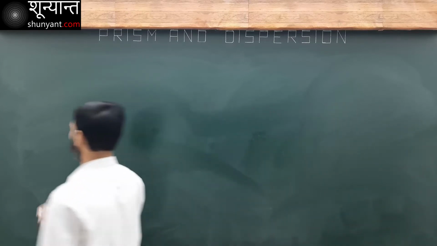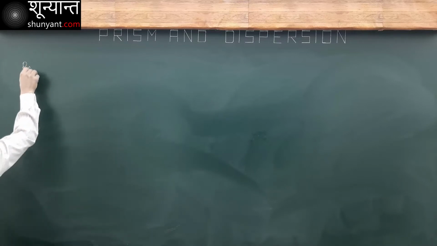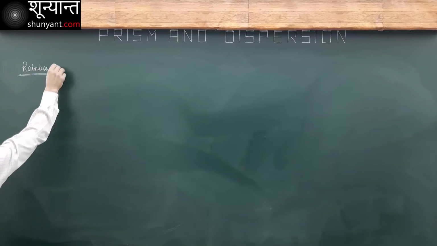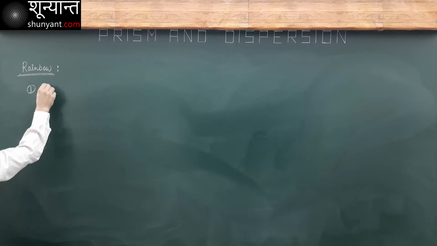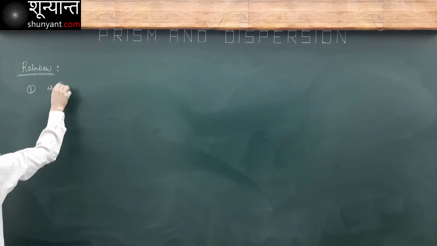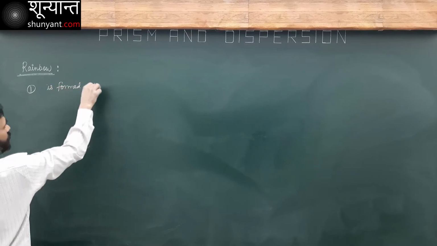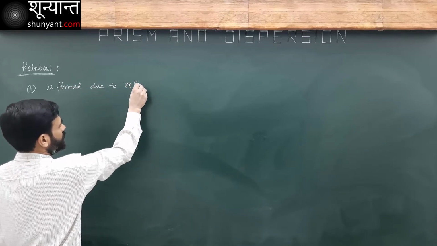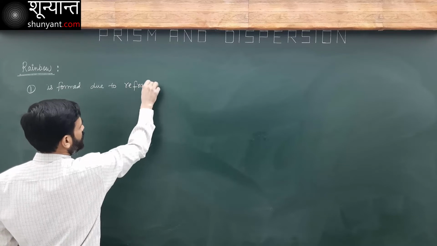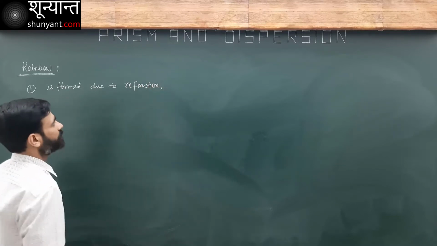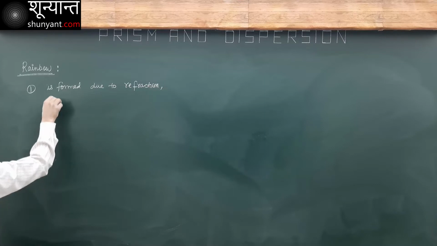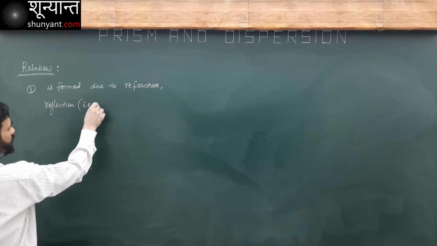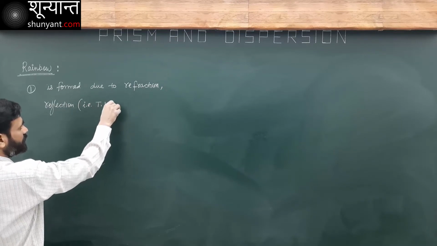Rainbow, first of all, is formed due to refraction, reflection, that is total internal reflection.